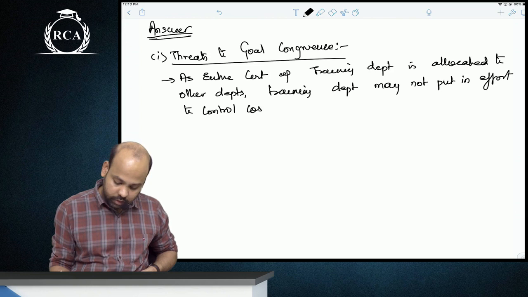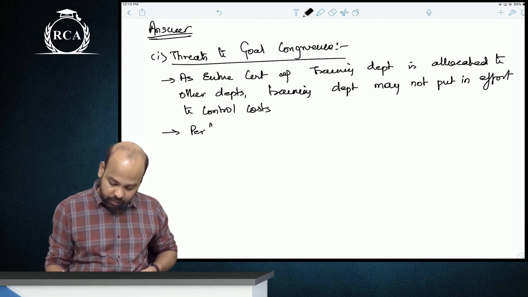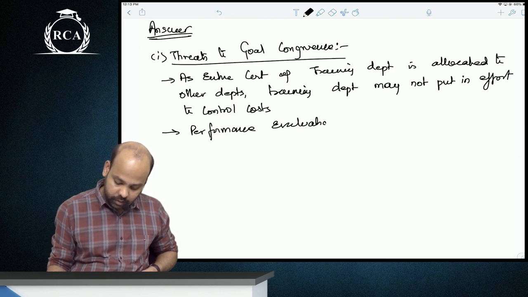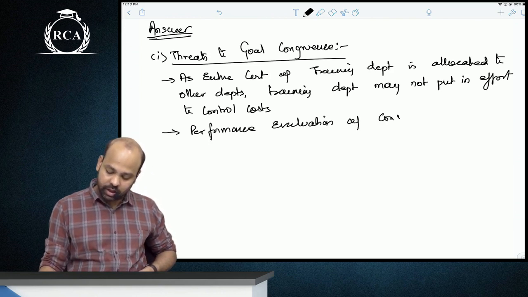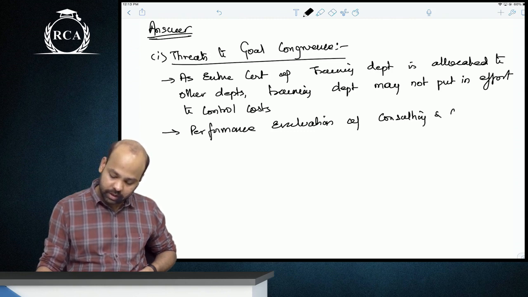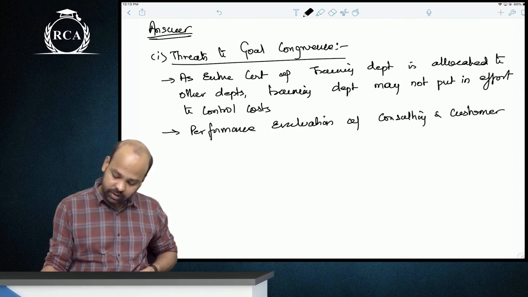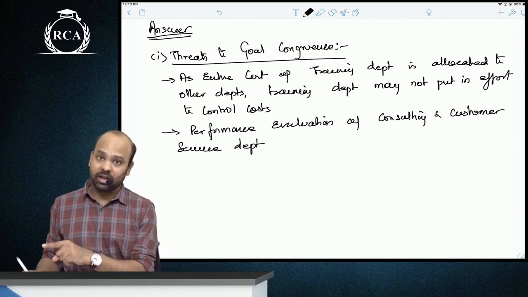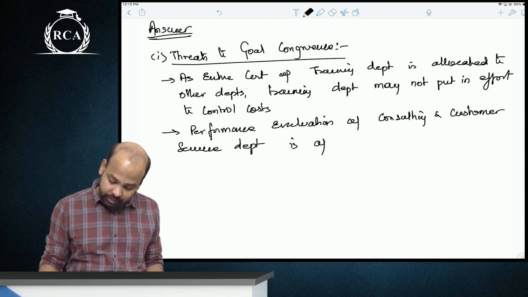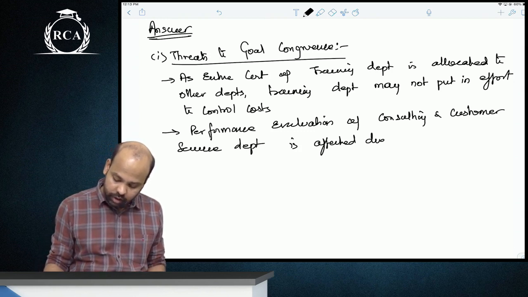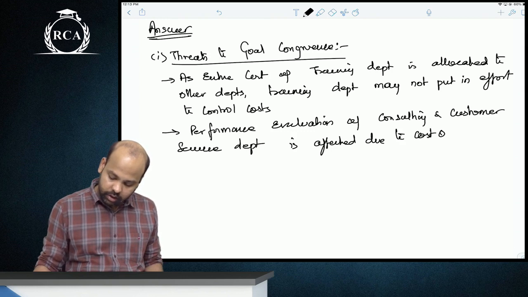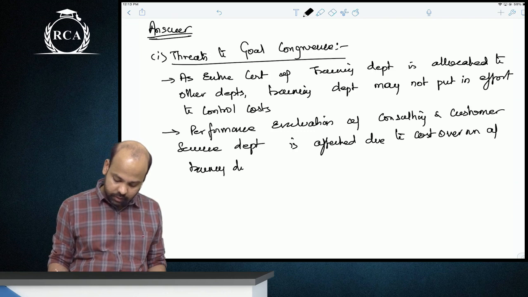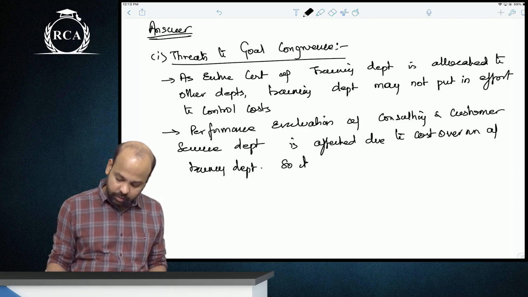The performance evaluation of consulting and customer service department is affected due to the cost overrun of the training department. So it is based on uncontrollable factors.